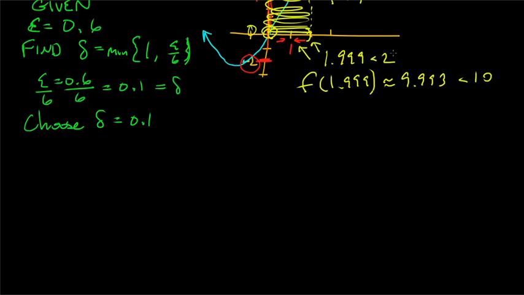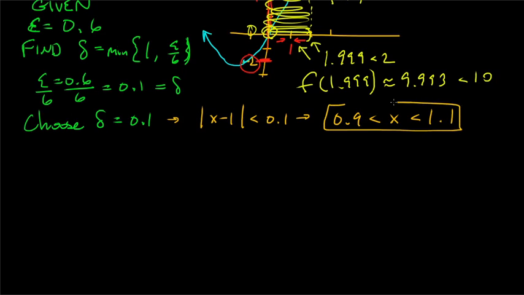Okay, so if I do that, my absolute value of x minus 1 has to be less than delta, less than 0.1. And that means that x is between 0.9 and 1.1.